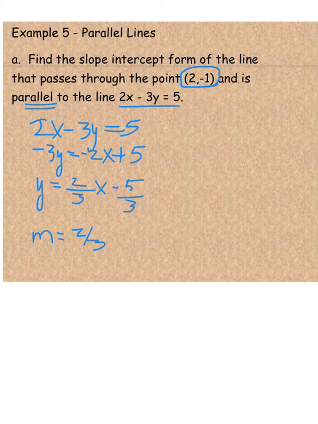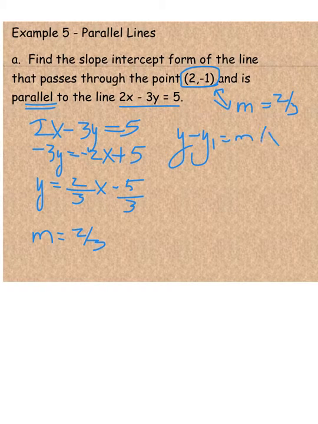So if we go back to try and write the equation of the line that goes through the point (2, -1) and is parallel to this line, we'll use the point (2, -1), and we're going to use the slope of 2/3 as well, because parallel lines have the same slope. So we'll use our point-slope formula. And we'll use y plus 1 equals 2/3 times x minus 2.